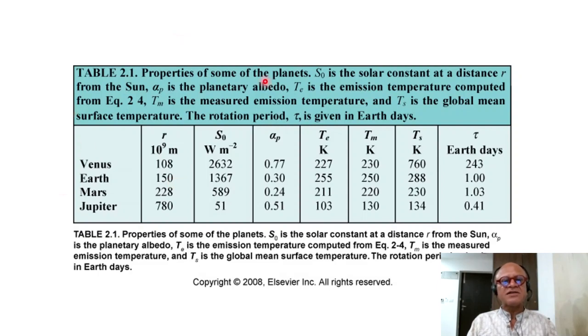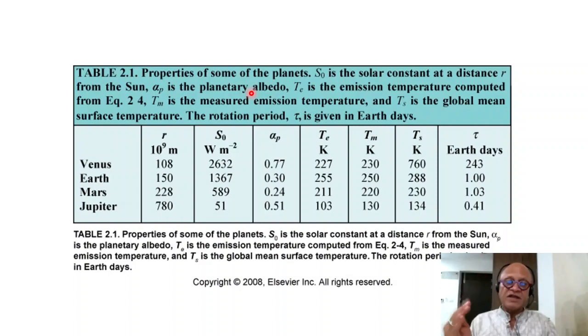Just to add some extra information, properties of some of the planets. S0 is the solar constant at a distance r from the sun. Alpha P is the planetary albedo. It is basically the reflectivity of any planet, how much of the sun's energy is just being reflected. So if you imagine an urban center versus a desert versus snow versus ice versus forest, the reflectivity to sunlight is very different.